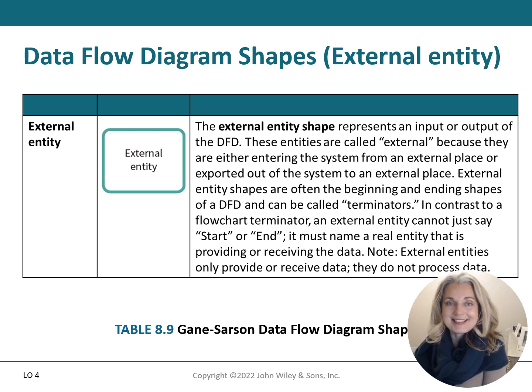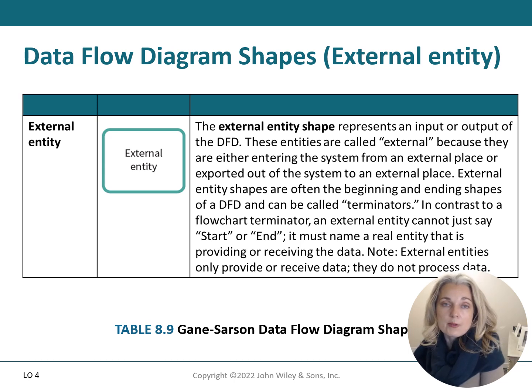So here is that rectangle we talked about, and in data flow diagrams, it represents an external entity. An external entity is an input or output of this data flow diagram. These entities are called external because they are either entering the system from an external place or are exported out of the system to an external place.